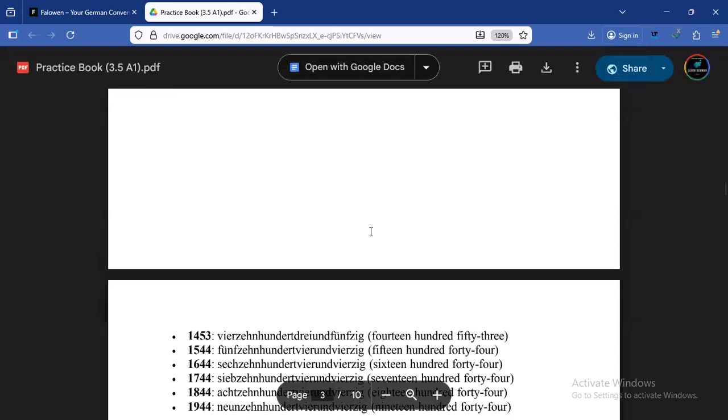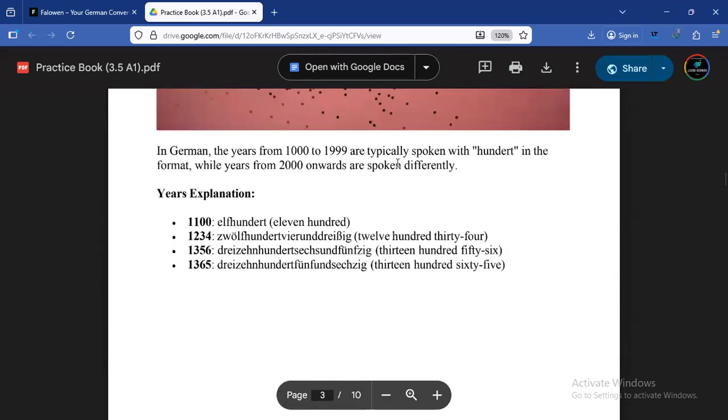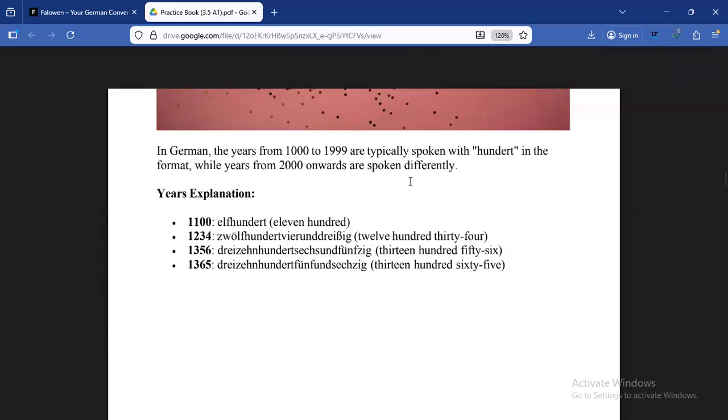The last time I told you guys to tell me your date of birth, right? But we did not check the year. Today we are going to do years, and it's just like the numbers, right? If you know the logic, you can say every number in German. It's just about understanding the logic.